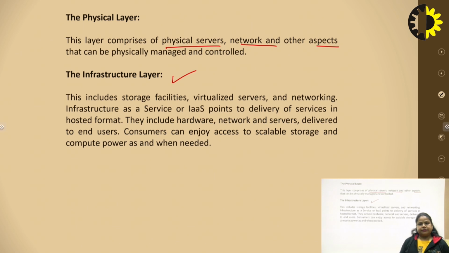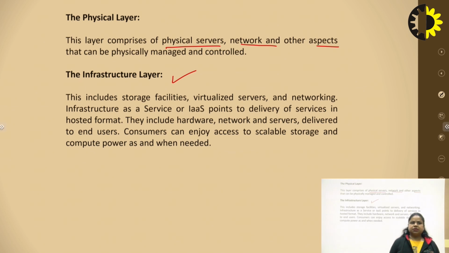The infrastructure layer includes the storage facilities, virtualization servers and networking. Infrastructure as a service, or IaaS, is used to deliver various types of services as per the hosted requirement in their own format.